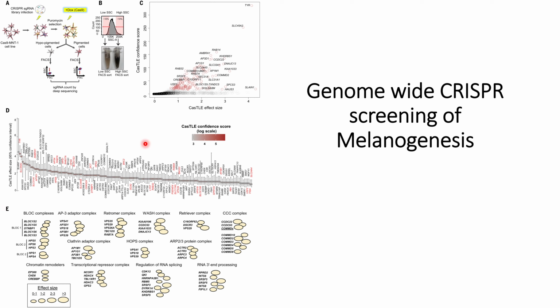Knockout of these genes leads to low side scatter, or in other words low melanin formation, and then they combined these genes using their algorithm to find out whether they form some kind of complex or are related to specific categories.